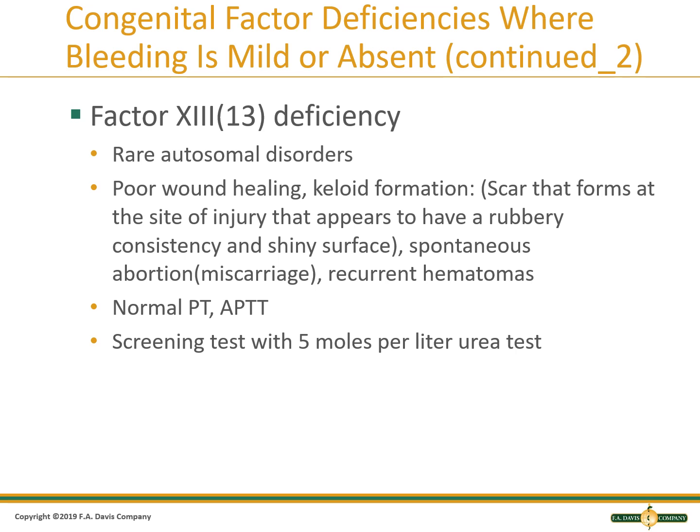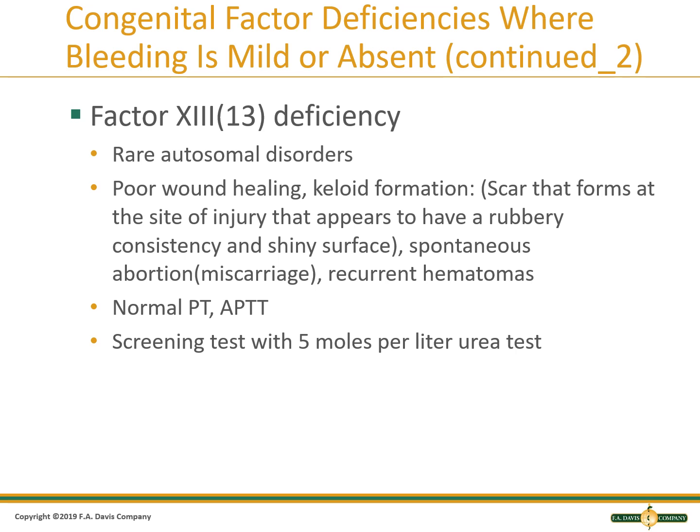Keloid formation. A keloid is a scar that forms at the site of an injury that appears to have a rubbery consistency or a shiny surface. It's usually elevated. Also spontaneous abortion, which is otherwise known as a miscarriage, or even recurrent hematomas.